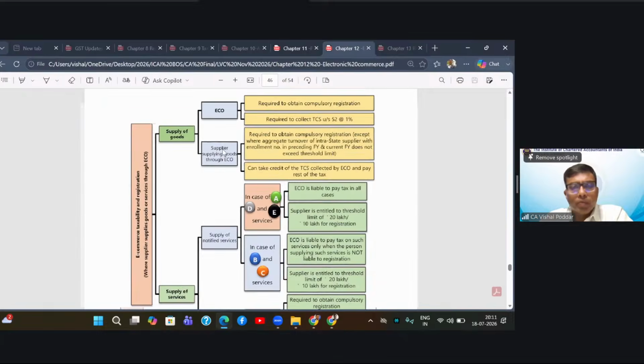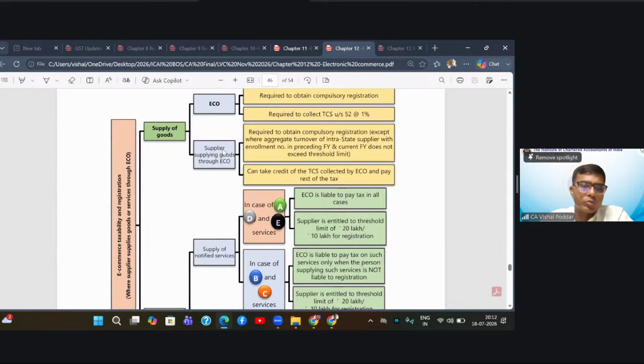Next, the supplier who is supplying goods through the ECO, what is the requirement for that supplier? It is also required to obtain compulsory registration, except where the aggregate turnover of intrastate supplies with enrollment number in the preceding financial year or the current financial year is not exceeding the threshold.